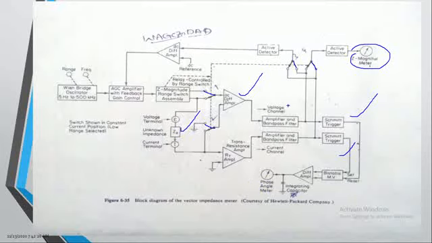As I told you, this channel plays the major role in the constant voltage mode, and this channel plays the major role in the constant current mode. Whatever explanation we have seen for the constant current mode is the same, only the switch positions change in the constant voltage mode. You can explain either one mode of operation.